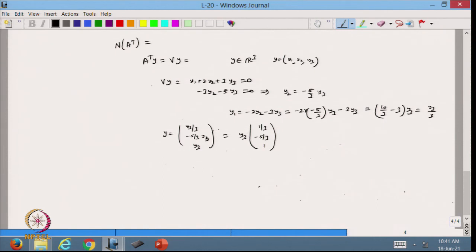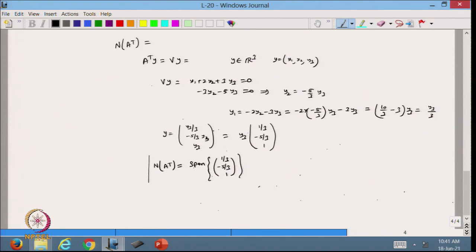So, I can write from here that the null space of A transpose is spanned by the vector 1 by 3, minus 5 by 3, 1, and because it belongs to R3.